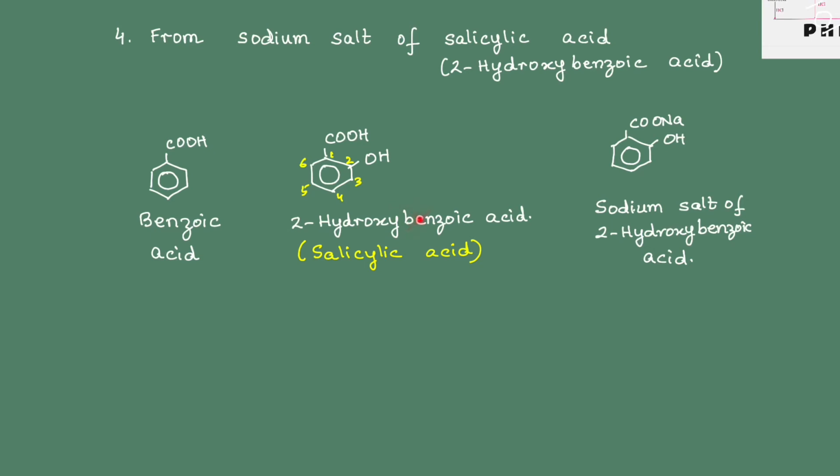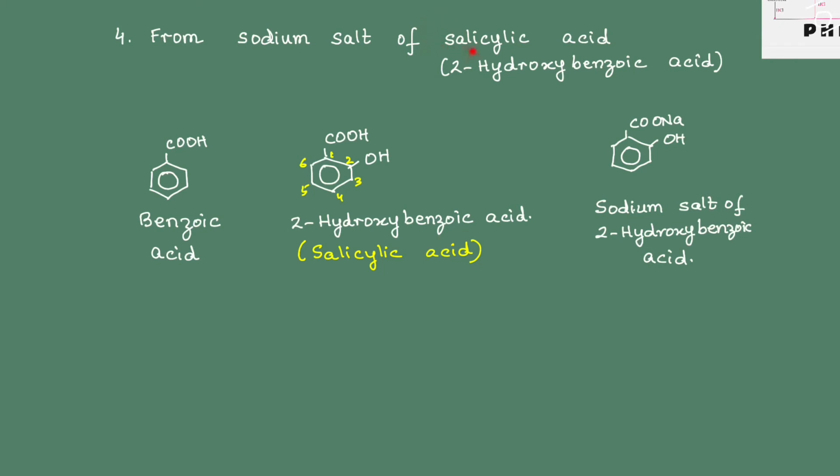Hence, this compound still is named as a benzoic acid. And at the second position, we've got an OH group, hence 2-hydroxybenzoic acid. As you can see, the common name of this compound is salicylic acid, right?